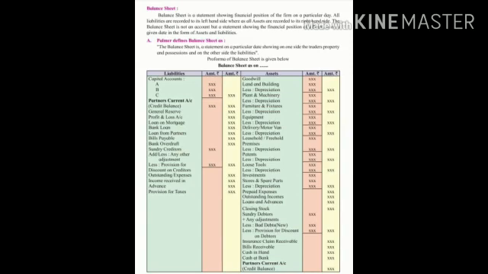After distributing, the net profit we have to write in the partner's capital account or current account on the credit side, and if there is net loss, we have to transfer the net loss to the partner's capital account or current account on the debit side.